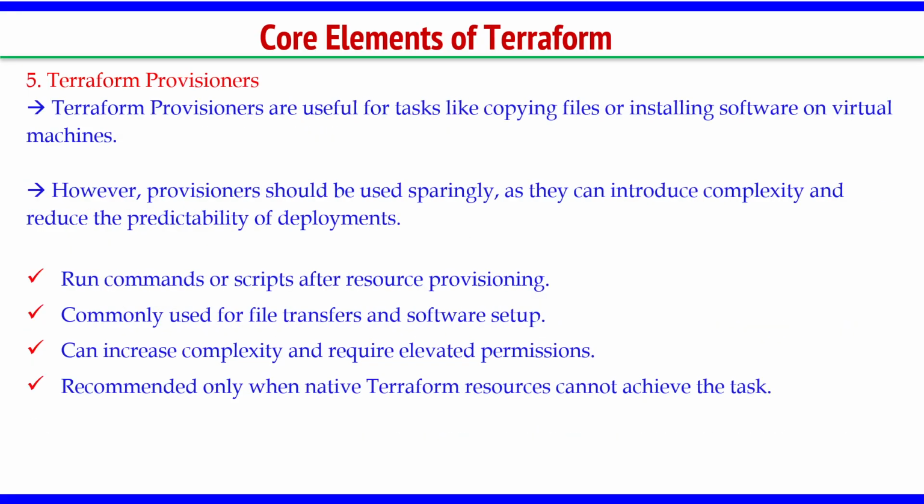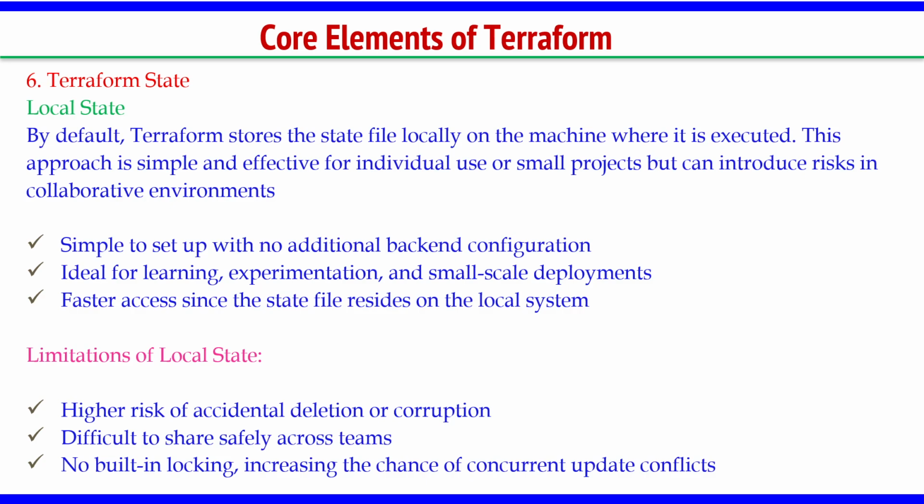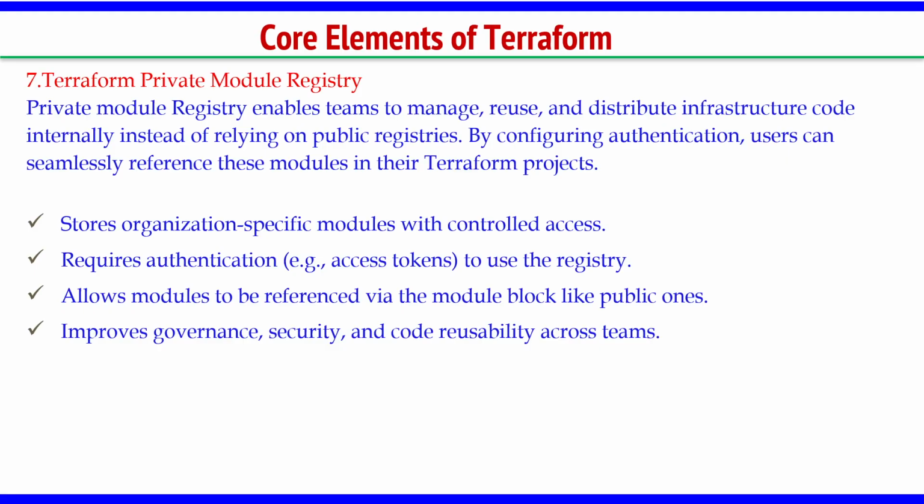Provisioners, an alternative for the Terraform resources. Then state, very important, where we maintain the current status of the machine: local state and remote state, and remote is much preferred, right? And finally, the Terraform private registry, the module registry, where we store all the code we have created. So these are a few important components of Terraform.